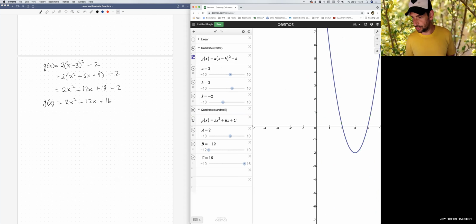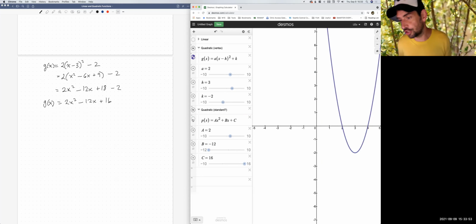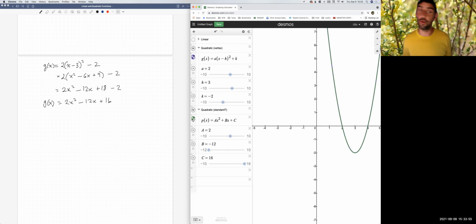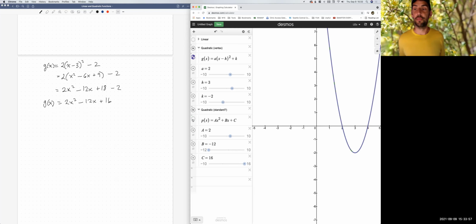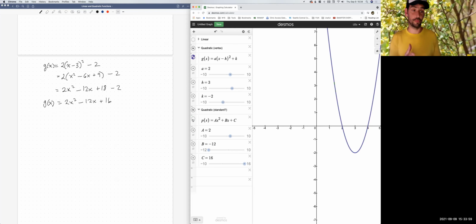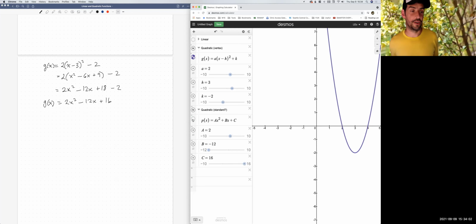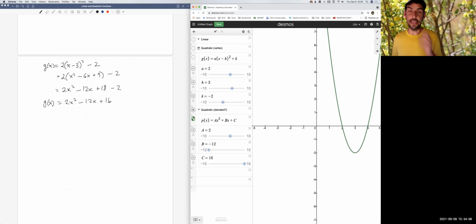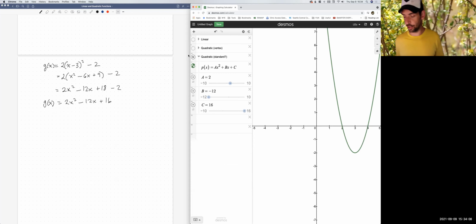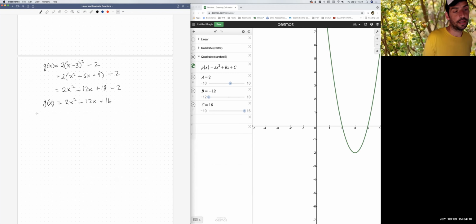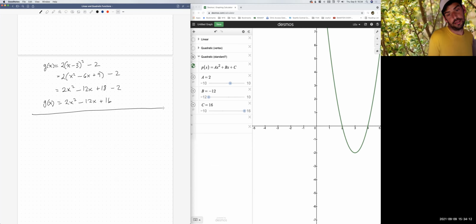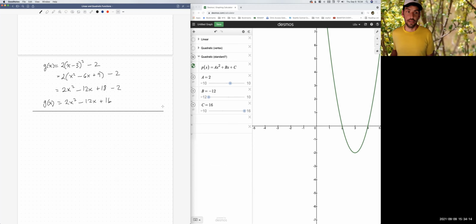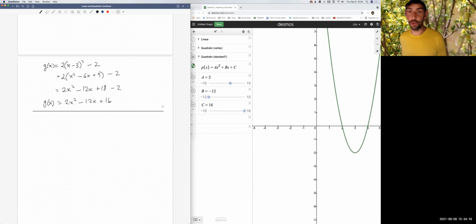It might be hard to see, there's a subtle color change going on. The green one is the one we just graphed in standard form. The purple one is the one we had in vertex form. I've just shown that they're equivalent to each other, okay? So it's easy to go from vertex form to standard form.